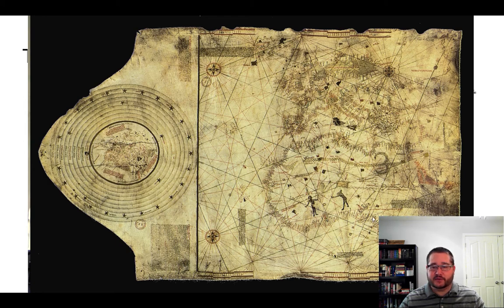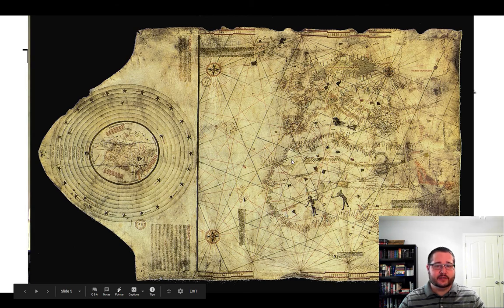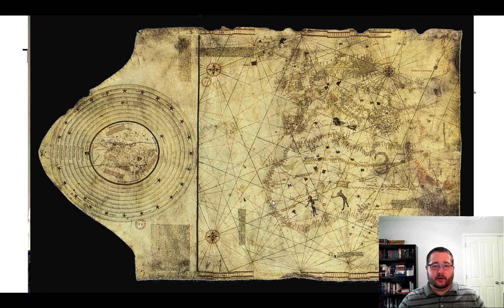And this map has names of, I'm not sure if they're ports or tribes or exactly what they are, but it's not just lines on the map. They are annotating key areas on and around Africa and Europe and the Mediterranean Sea. Really, really cool map. So this is, you're using the stars to navigate at nighttime, and you're using specific angles and calculations to figure out exactly where you are at that current time.